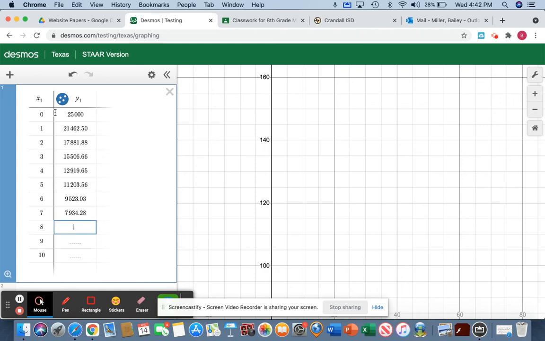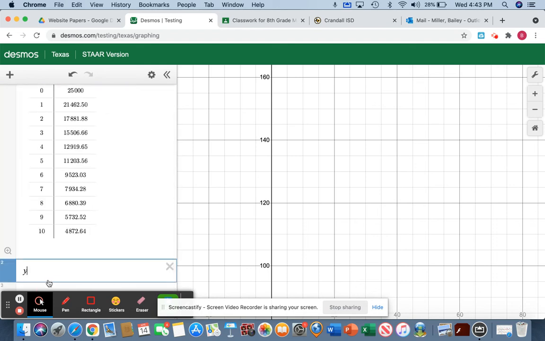Again, not hard, just tedious. 8 is $6,880.39. 9 is $5,732.52. And 10 is $4,872.64.